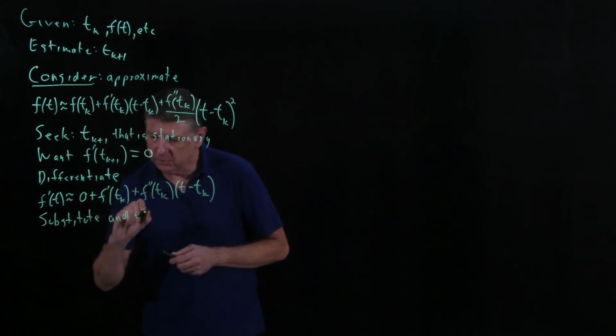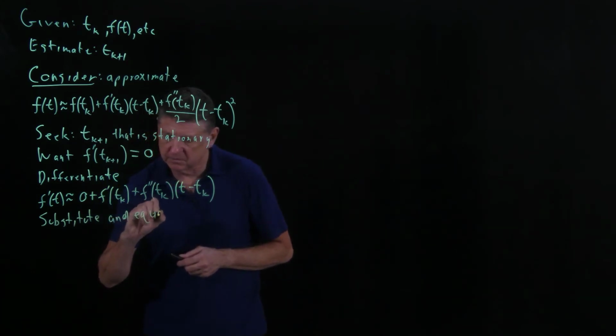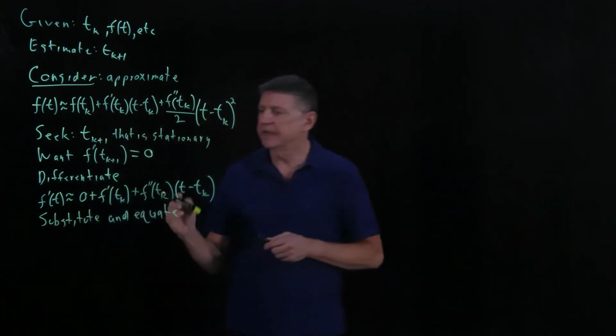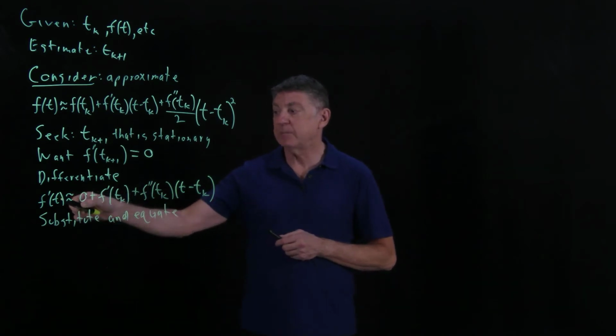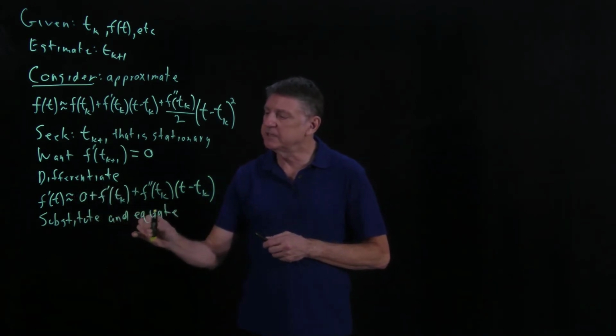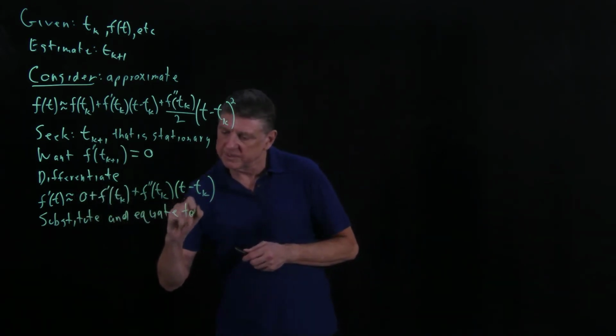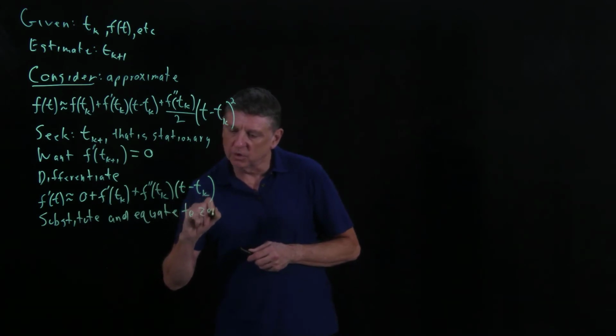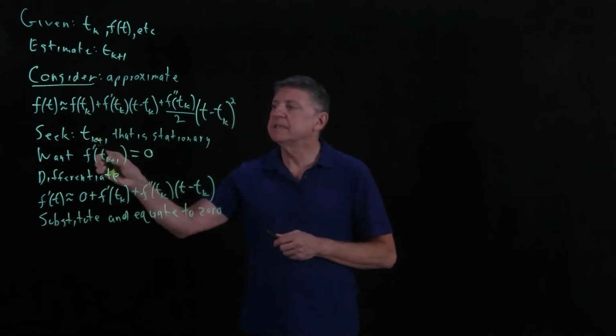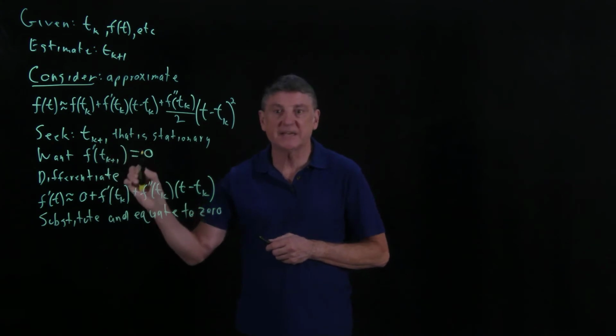So now what we'll do is substitute and equate to 0. That is, the substitute is we're going to insert our tk plus 1, and the equate to 0 is what we want to do: we want tk plus 1 to be stationary.